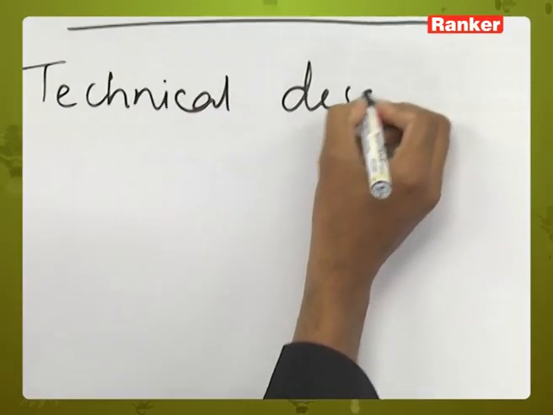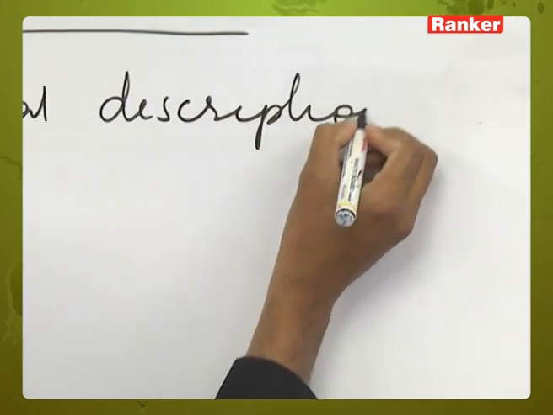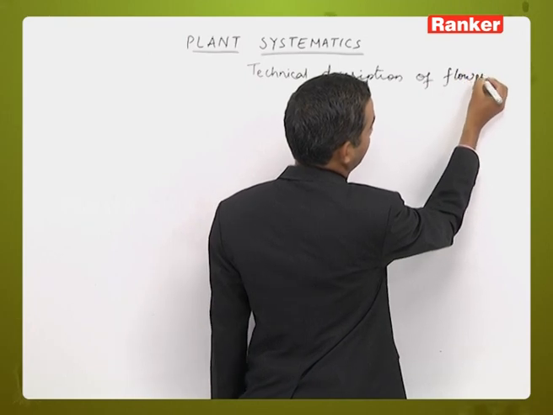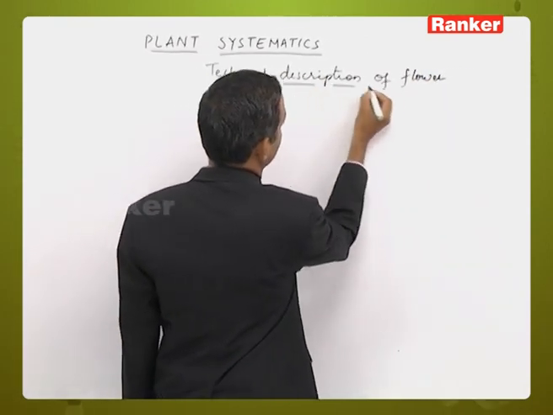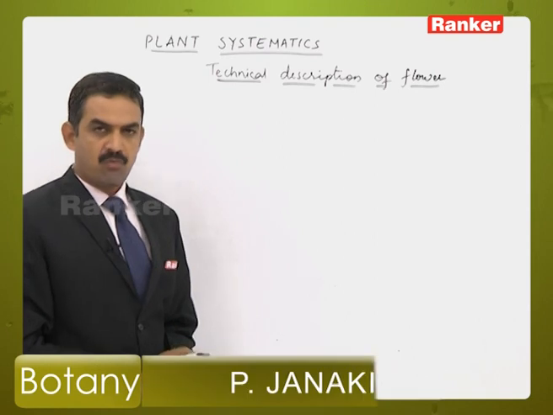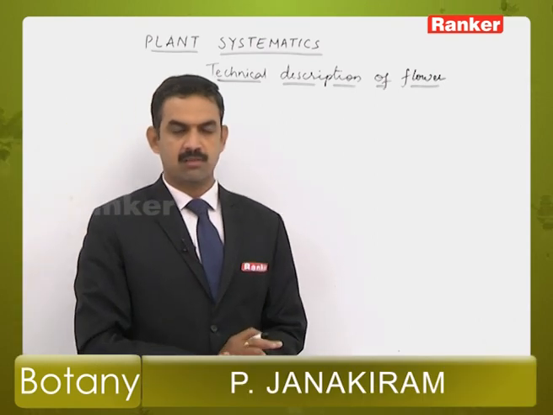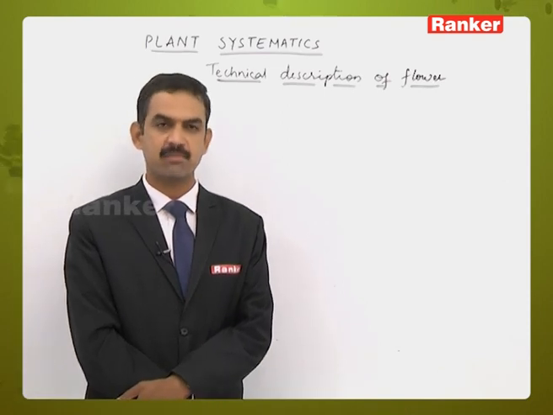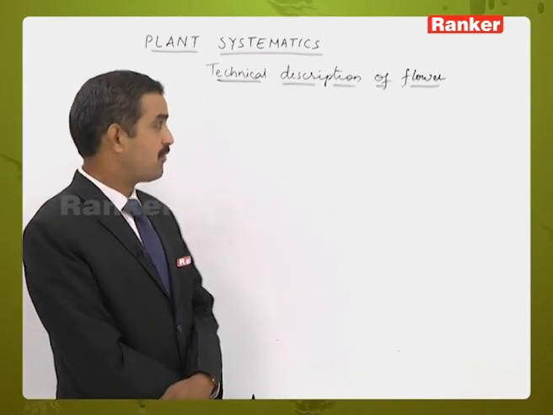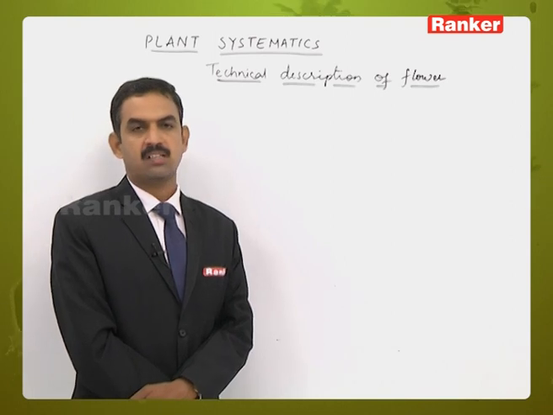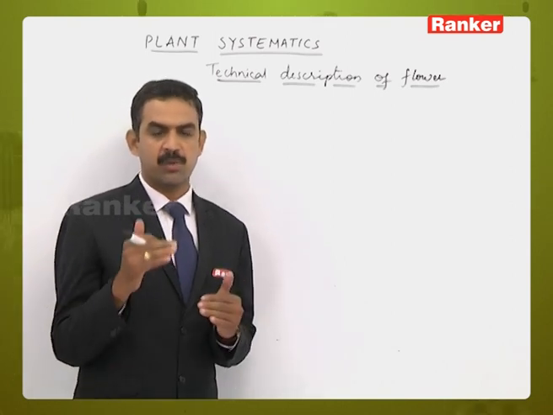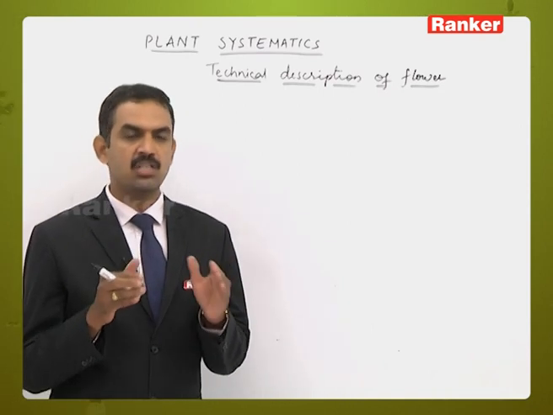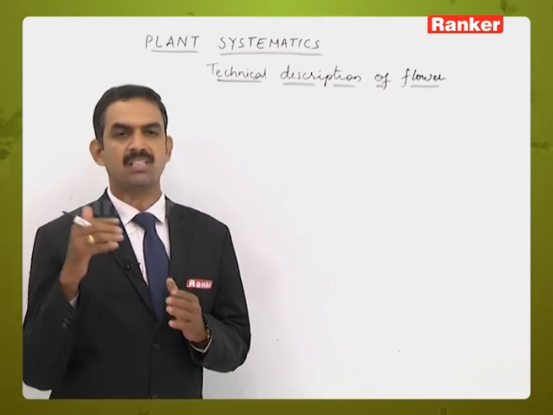Technical description of a flower. In morphological terms, we can say many such technical words are there to describe the character of a flower. We know that a flower is a modified shoot, or when the plant enters into the reproductive stage from the vegetative stage, the leaf or the vegetative parts are modified to form the parts of a flower.